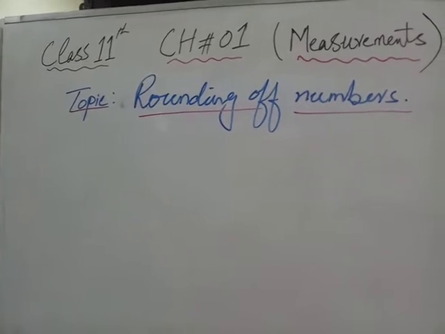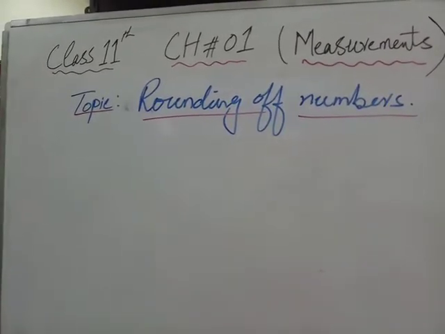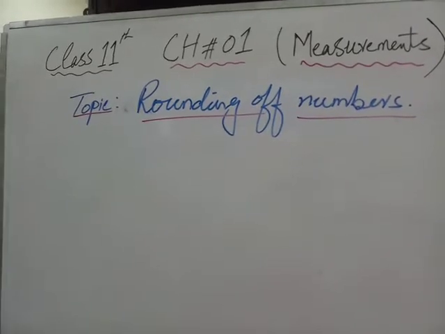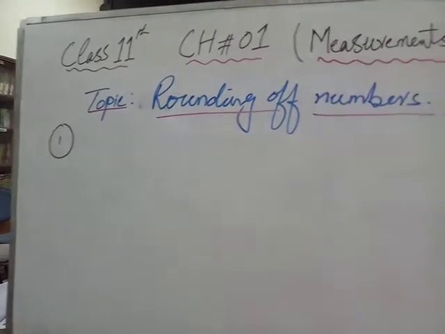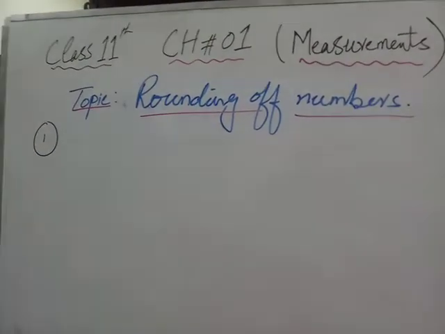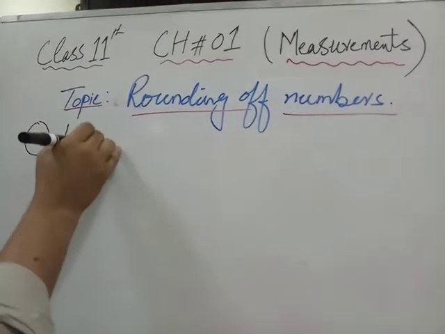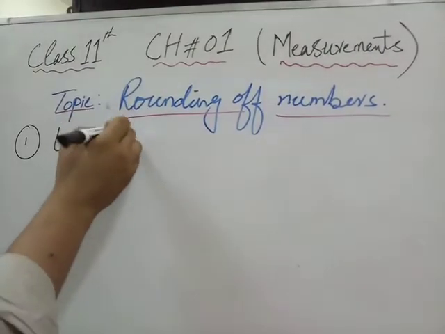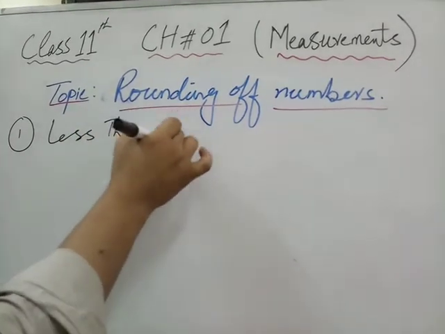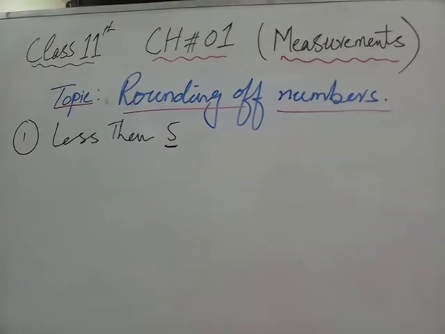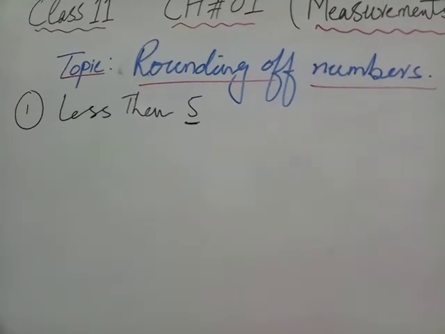So there are the following rules which must be observed while rounding a number. First, if the dropping digit is less than 5, then the last retained digit is kept as it is.